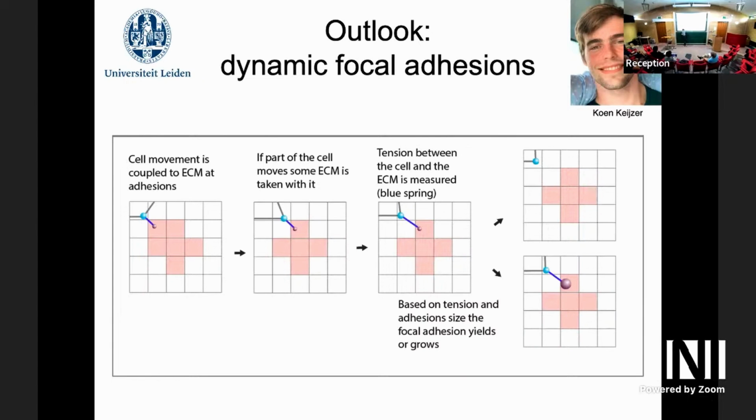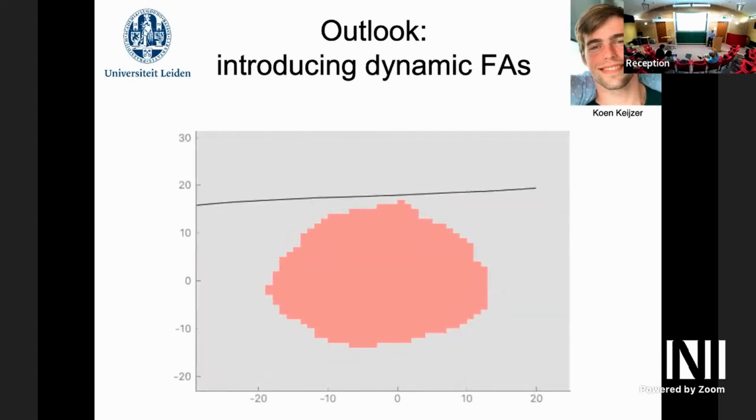So instead of having this part directly connected to the cellular side, he puts a little spring in between, a very stiff one, and the extension of this spring will tell you how much tension there is in this place. So that we can feed again to the same type of equations, and also we can have dynamic formation of these focal lesions, as you can see here.